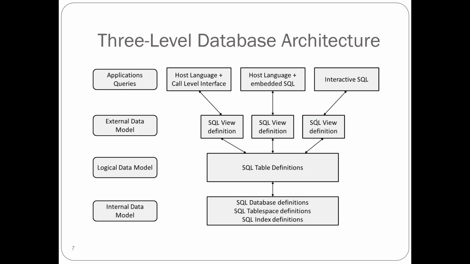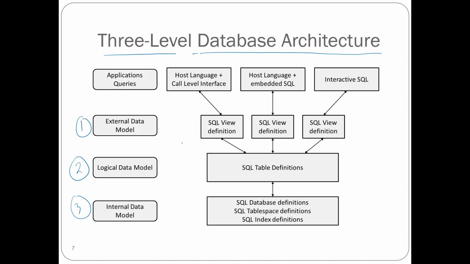Now let's look at another very interesting picture that shows the role of SQL in the three-level database architecture. In the beginning of the course, we learned about the importance of three-level database architecture, and we learned that there are three different models: the external data model, then the logical data model, and at the bottom the internal data model.